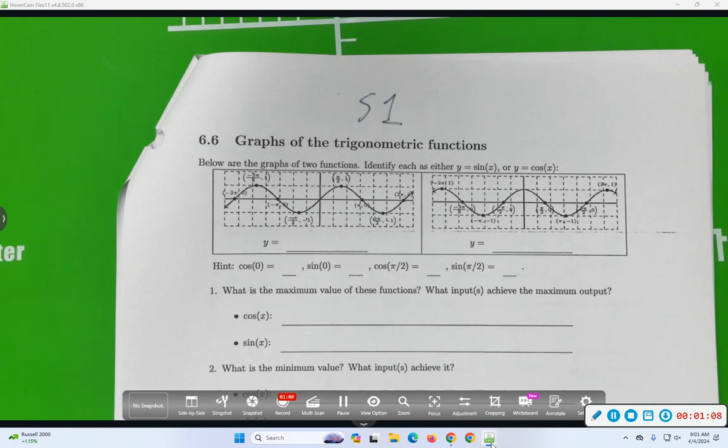What is cosine of theta in terms of this picture? Cosine recovers the x coordinate of a point on the unit circle. How about sine of theta? How about tangent theta?